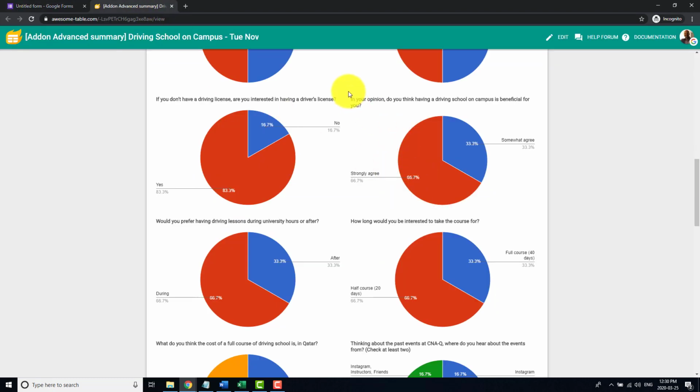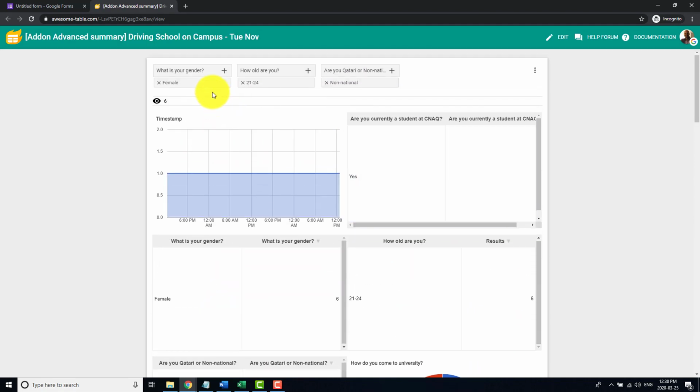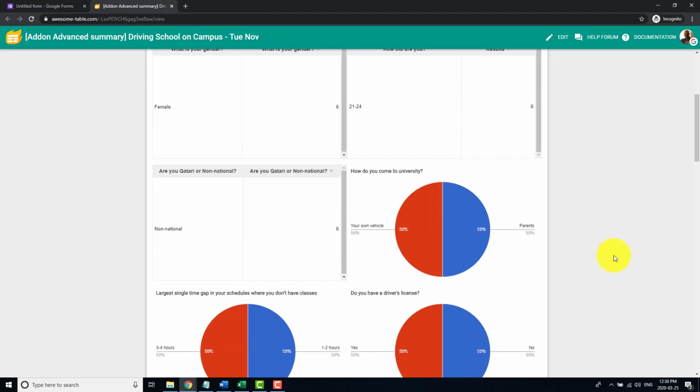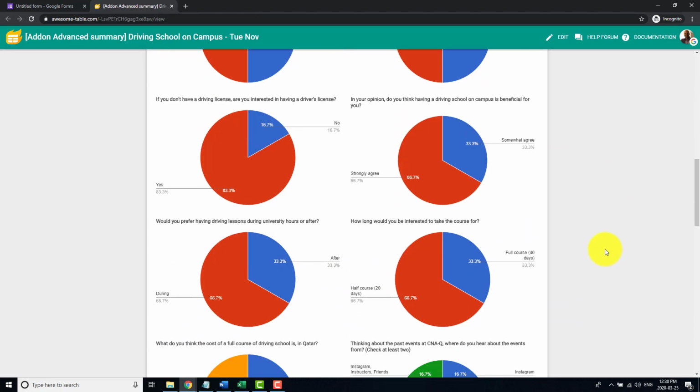Then screen capture this, and screen capture your crosstab. And you say, I did a crosstab on my data on female, older, non-Qatari, or whatever way you want to do your crosstabbing. After I did this filtering, this was the level of support from that group.